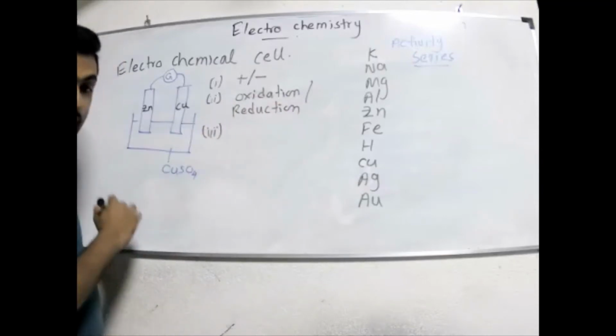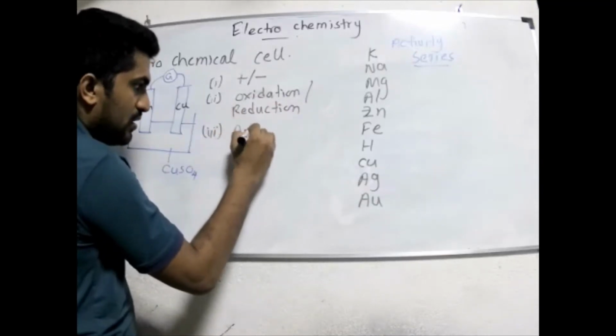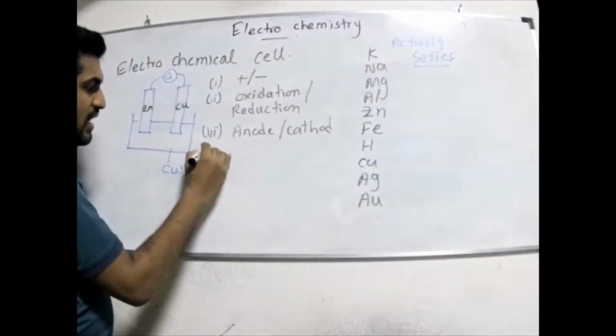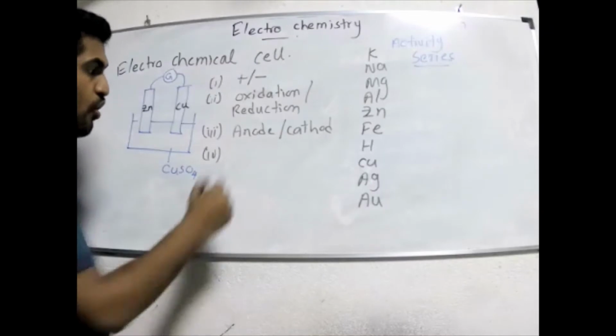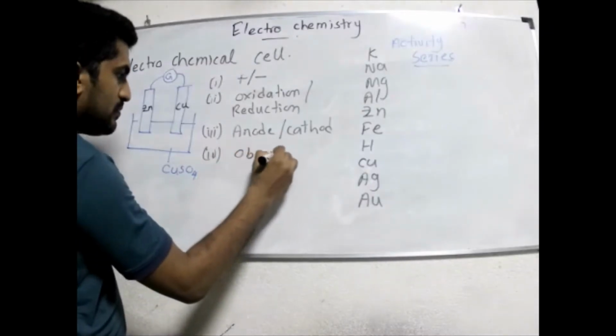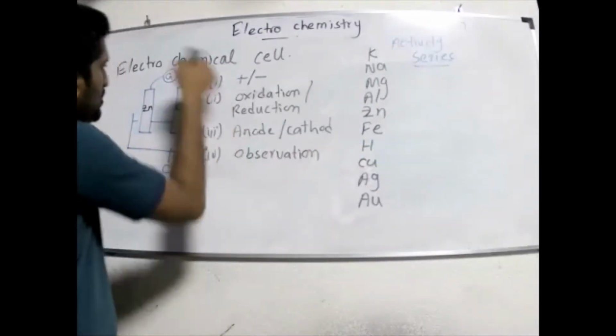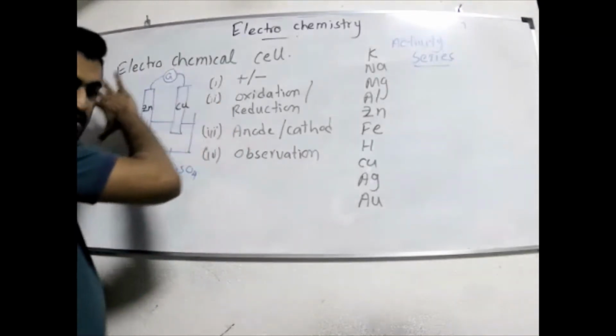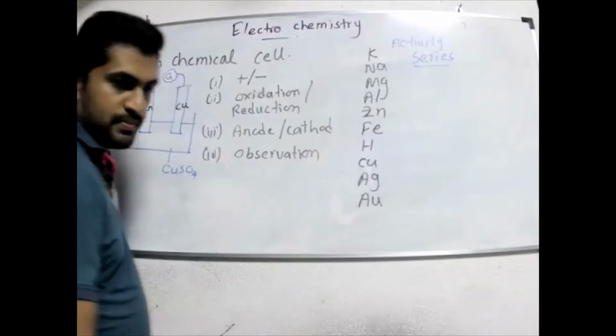Then they will ask to name the anode or cathode. Then they will ask observations by using this electrochemical cell. So my dear kids, please copy this in your writing book.